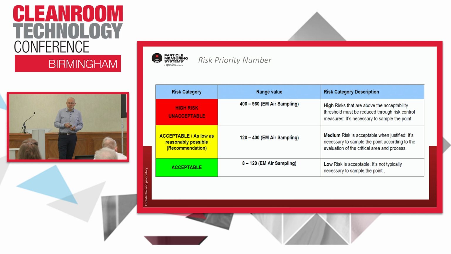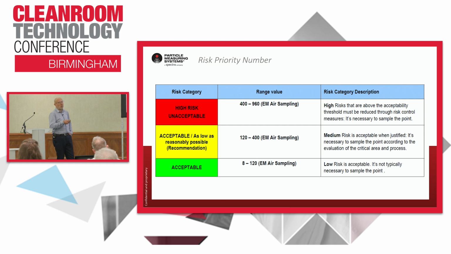We then get into some sort of risk assessment, and again it's things like: is product stored here, is it in transit through this area, how long is it in this area, how many people are in the area. We can identify weightings for many different parameters, and without going into the detail of that, we typically run a risk assessment process and then calculate a number. You'd give different parameters a weighting, multiply them all up, and we'll get different numbers.